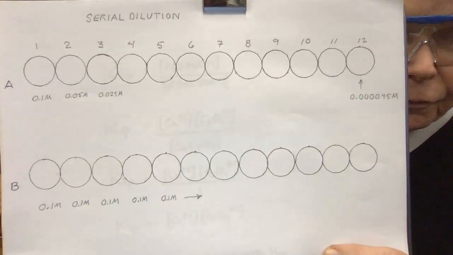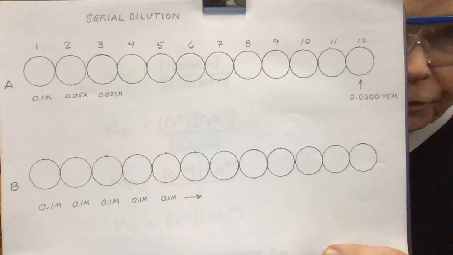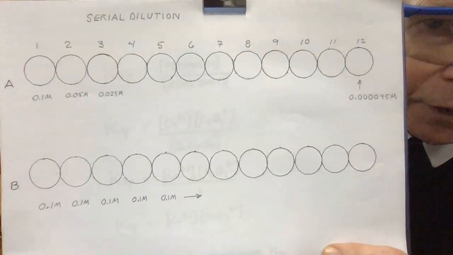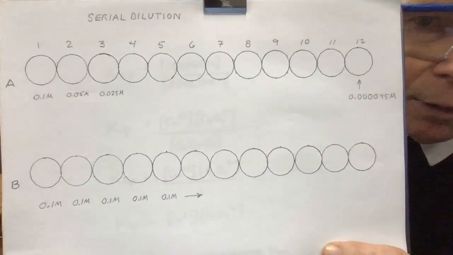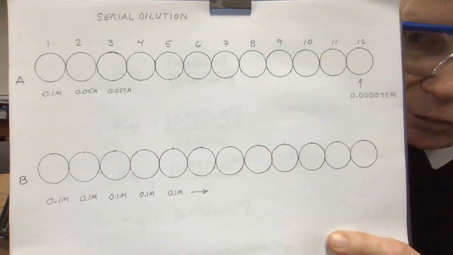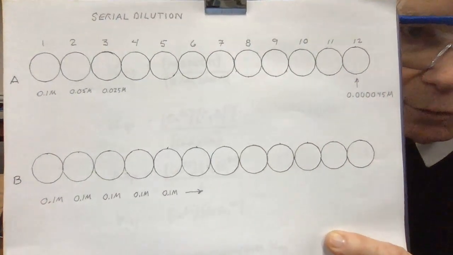We'll return what we don't transfer back into the well. And by the time I get way over to well number 12, the solution's concentration is very small. You can see we are down to approximately 0.00045 molar.